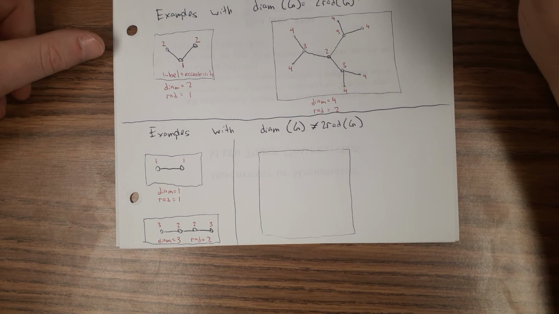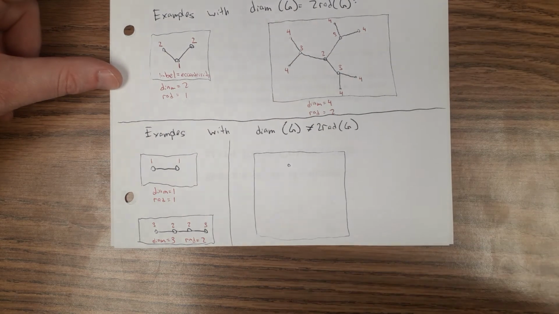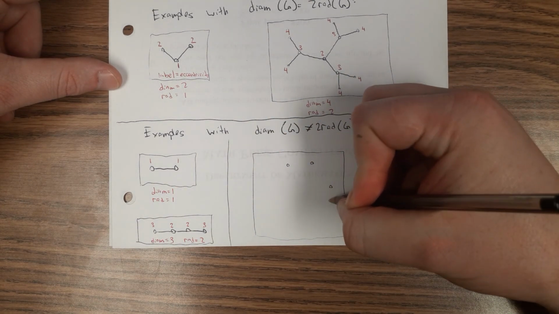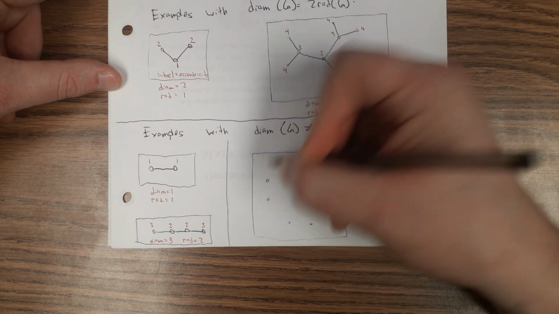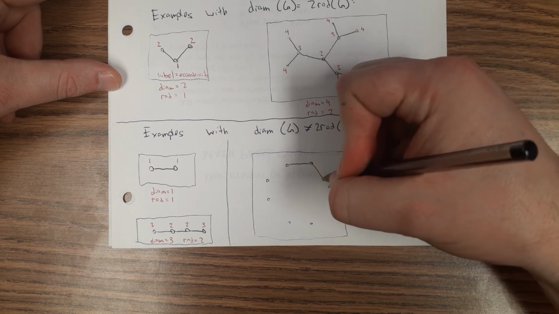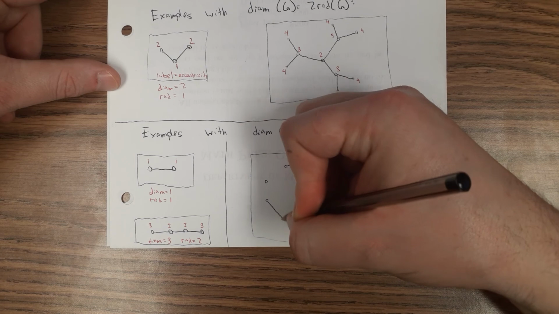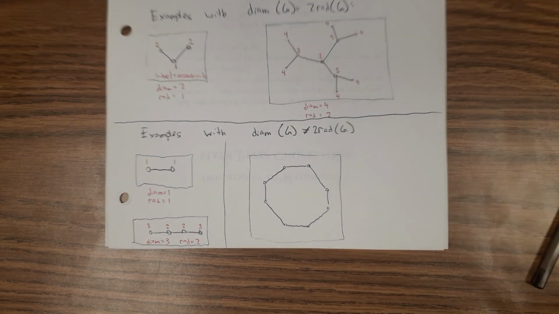Why don't I just draw, let's see, a cycle of length, say 8. The length isn't that important. I just chose 8. Let's talk about the eccentricities of vertices on a cycle.